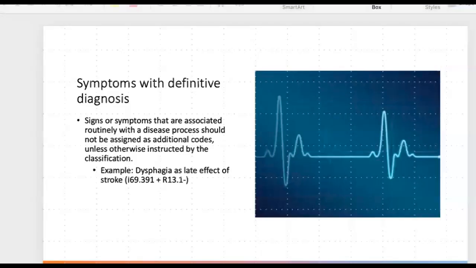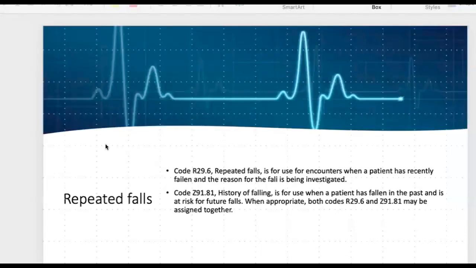Okay, so let's go to the next one. All right, this one is a little interesting, guys. Let's read. Repeated falls, code R29.6. Repeated falls is for use for encounters when a patient has recently fallen and the reason for the fall is being investigated.